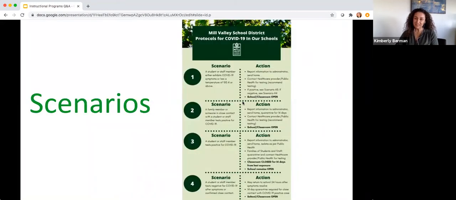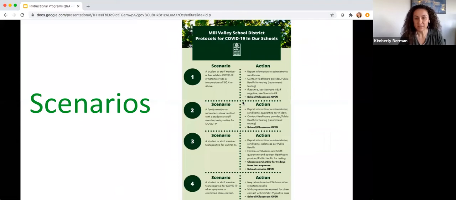We'll go to the next slide. Here is the scenario information, and we've shared this several times and quite a while ago. This information does help us know how to handle different cases or incidents when there are COVID positive or COVID suspected cases.